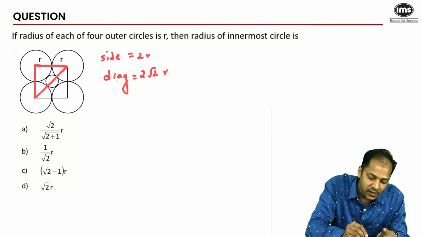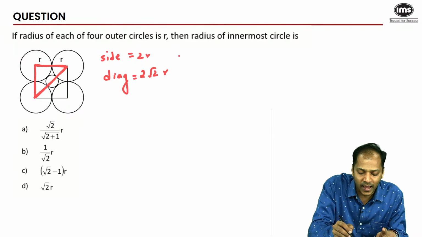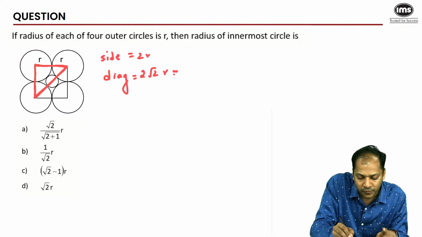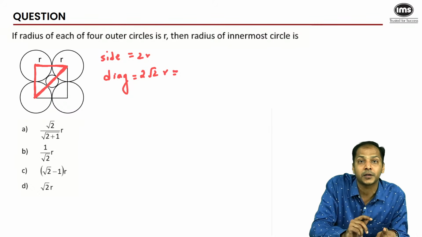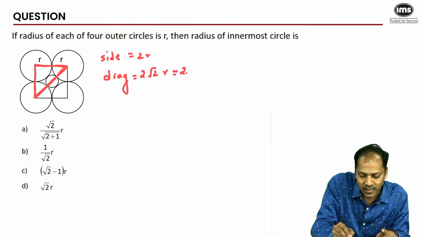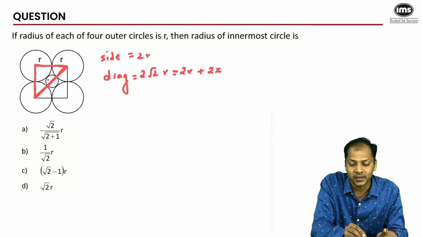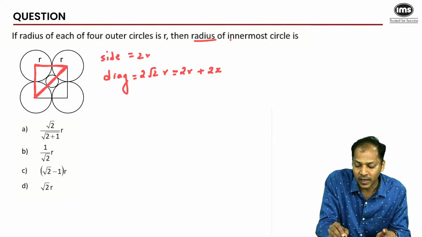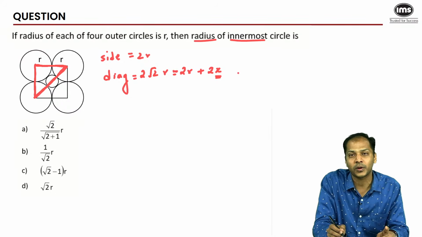That's the diagonal of the square, and I can easily write an equation for this, because this diagonal can be composed of r here and r, and the diameter of the inner circle, so let's call the radius x. So can I say that's equal to 2r plus 2x, where x is the radius of the inner circle? We were asked to find the radius of the innermost circle, so I have taken it as x. And now you can just solve this equation, you will get your answer.